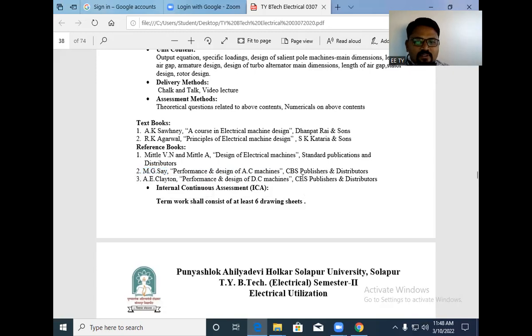Then second, Performance and Design of DC Machines. Publication again: CBS Publishers and Distributors.